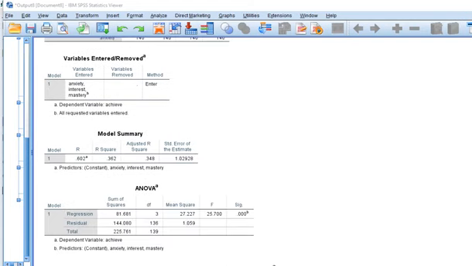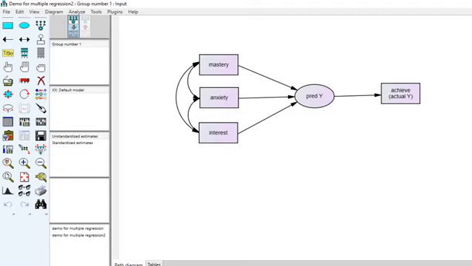I really wanted to again highlight why, if we have separate independent variables that we want to consider as predictors of a dependent variable, multiple regression is oftentimes preferable to running separate simple regressions. So that concludes this discussion, and I hope you find this video useful.